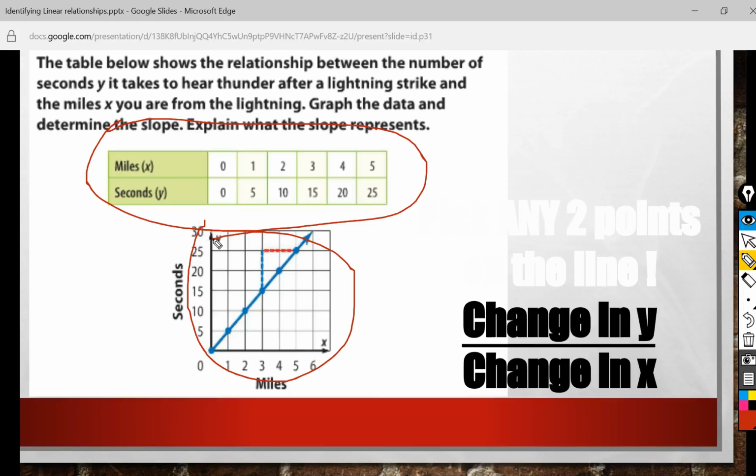And it all boils down to change in y over change in x. That's all it is. That's what both formulas are telling us. The slope will always be change in y over change in x. It's just written in 2 different ways, but they basically say the same thing. So let's go to the next slide.